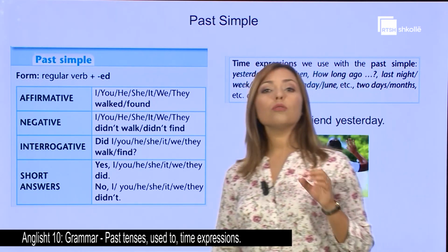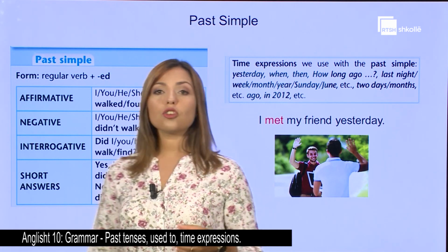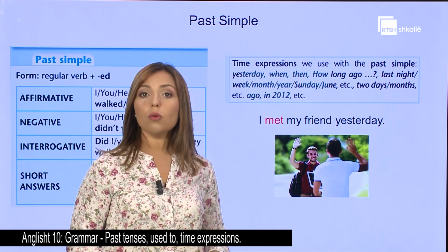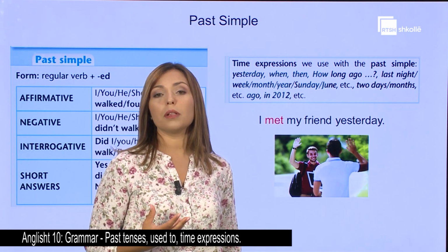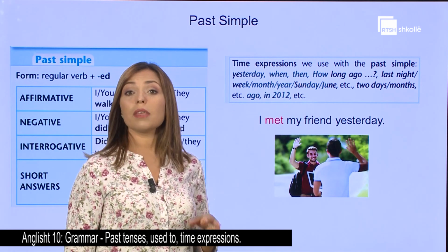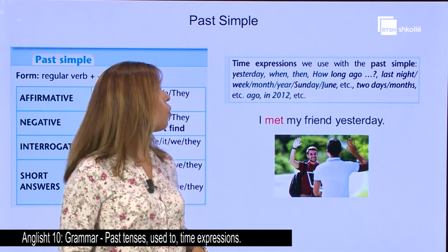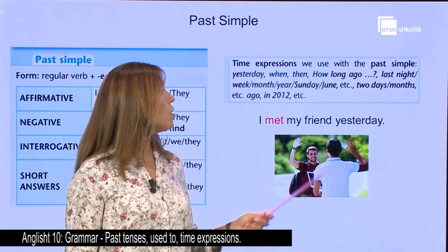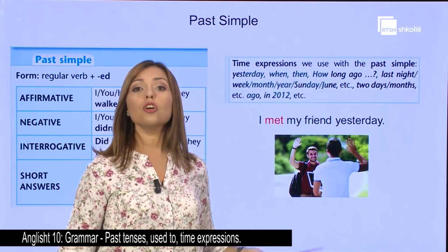What are those small words that show us the time? And we know that we're going to use the past simple. For example, it is stated that something happened yesterday, or it happened, let's say, last week, last month, or it happened 2 days ago.